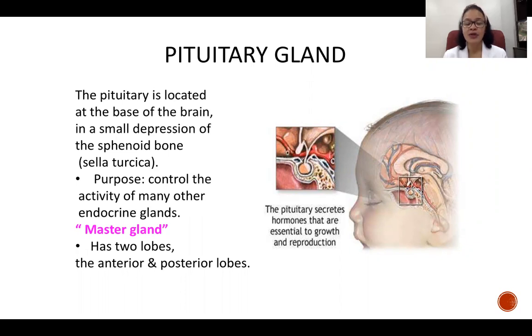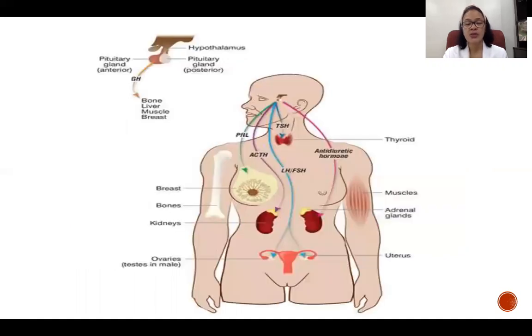So the anterior lobe constitutes approximately 80% of the gland, while the remaining 20% is occupied by the posterior lobe. So as you can see here, pituitary gland is the major regulator.